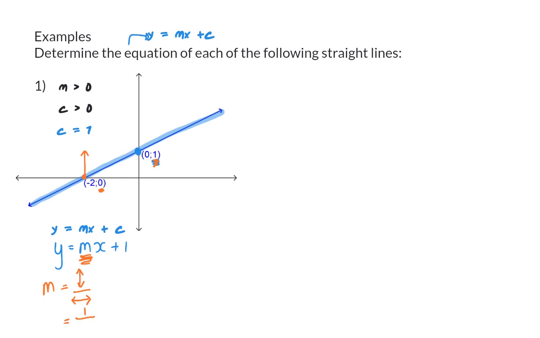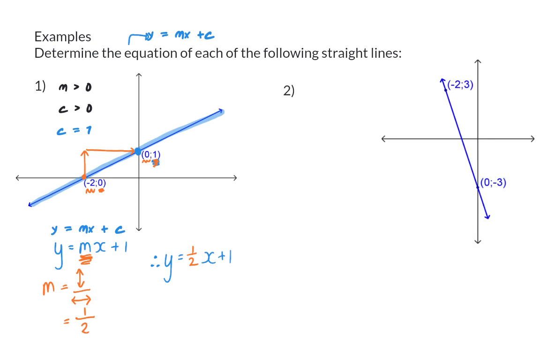Then, starting on the x values, we start with -2, and move 2 to the right to get to an x value of 0, and that means that our gradient is a half. And this means that the equation of this specific line is y is equal to half x plus 1.